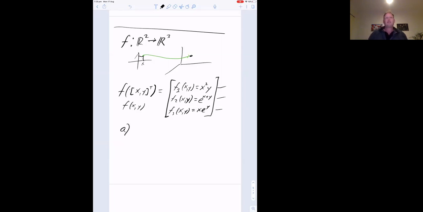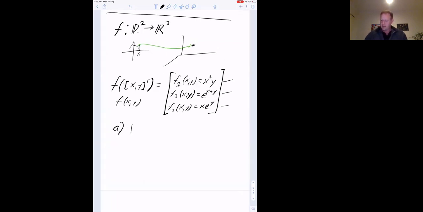Question A asks us to find the norm of f(1, -1).